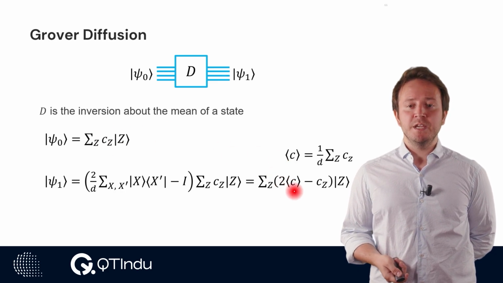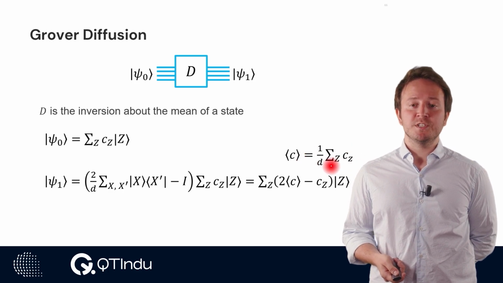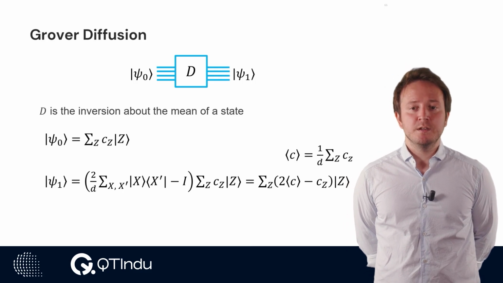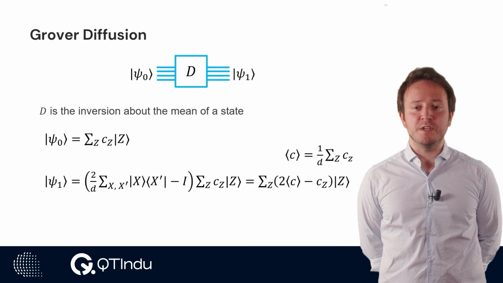In particular, the mean of the coefficient is defined as the sum over all the coefficients divided by the dimension of the Hilbert space. This is the reason why this operator is called inversion about the mean of the state.